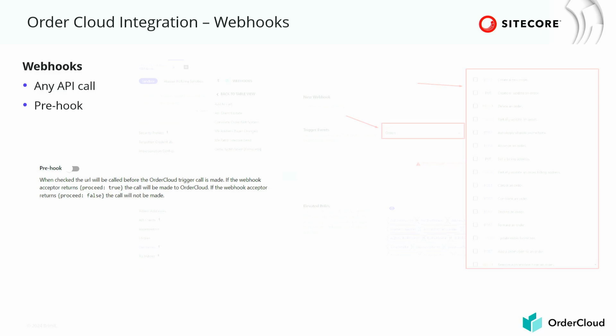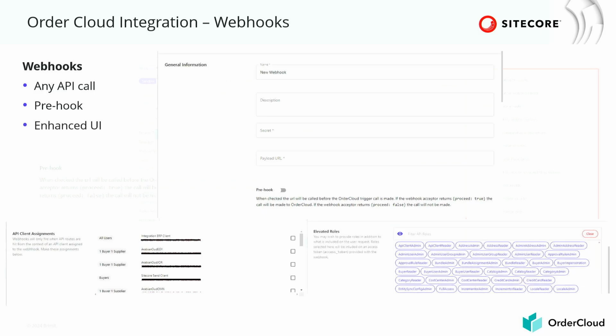Usually a webhook is executed after the API call, but a pre-hook is executed before, and depends on the result. So you basically have control over execution of the API. If you return proceed false, then the API call won't be triggered. So it's usually used for validation.